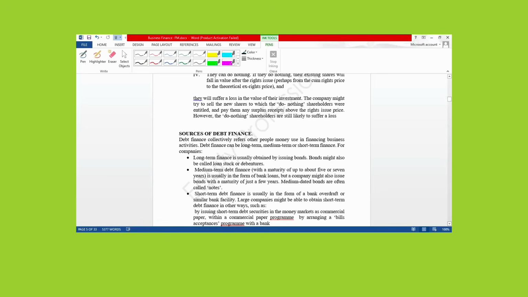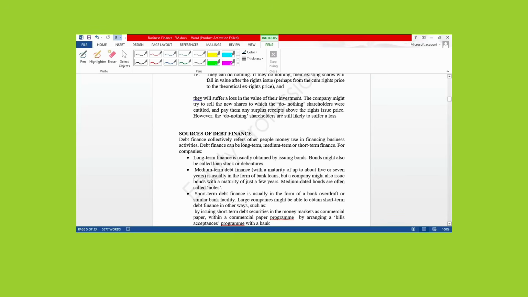The same applies to debentures. Remember the discussion. A company can issue bonds for the purpose of borrowing money. When you borrow money, you have sourced finance for a long term.